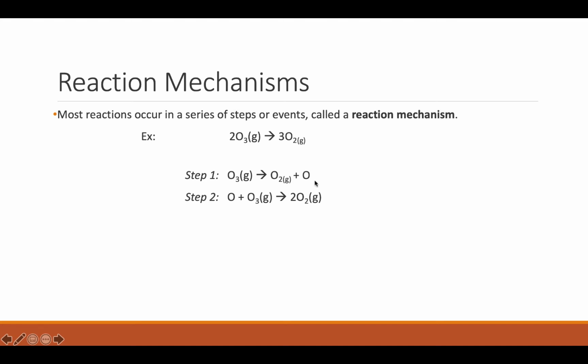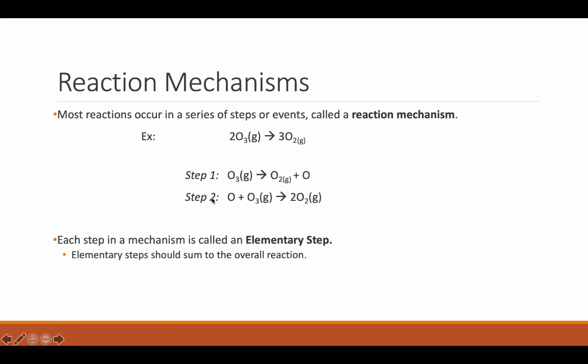So that oxygen is quickly consumed in a subsequent step where it combines with another O3 to give us two O2s. Each of the two steps in this mechanism is called an elementary step because it happens in a single step, whereas the overall reaction, as we can see, happens in two steps.